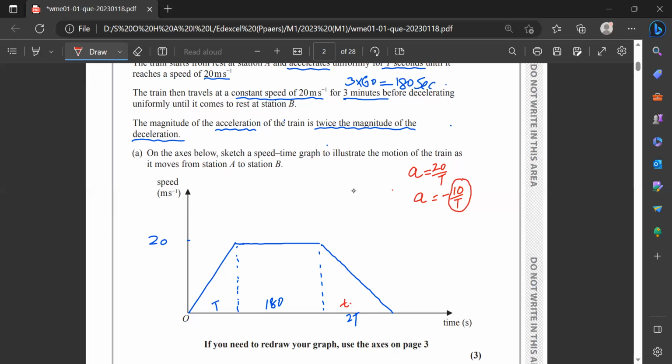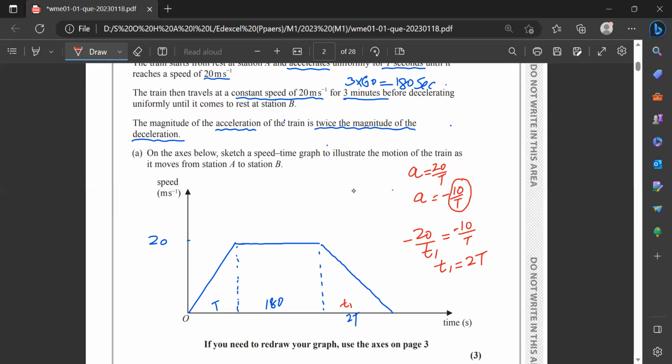If you mark this as t1, this is again fall over run. I can say 20 over t1 equals 10 over t, or you can use the negative sign on both sides. By simplification, t1 is 2t. So this is 2t. In this way, you can justify why this is twice.